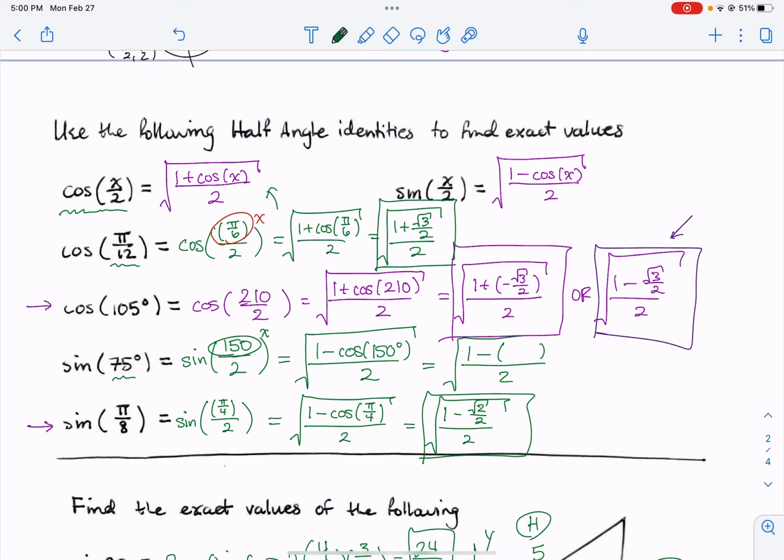Let me just go ahead and set up the rest of the formula. That cosine of 150 is negative root 3 over 2. Right? So because we have minus minus, that's going to turn into a plus. And so we end up with 1 plus root 3 over 2, over 2, underneath a square root.